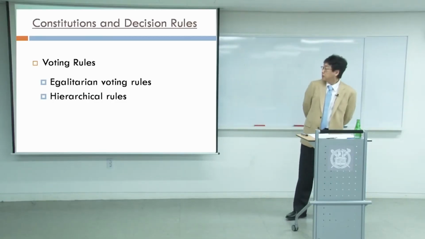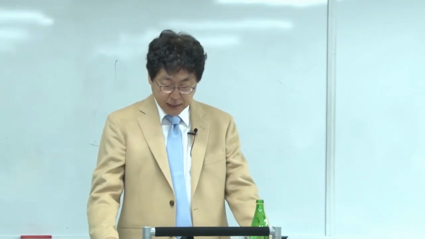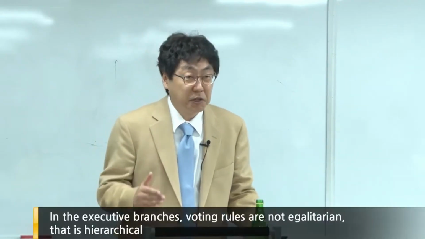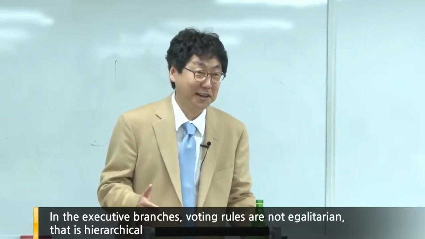So in the legislature and the courts, voting rules tend to be egalitarian, but this is hardly ever true in government departments or ministries. Meaning that in the executive branch, voting rules are not egalitarian.